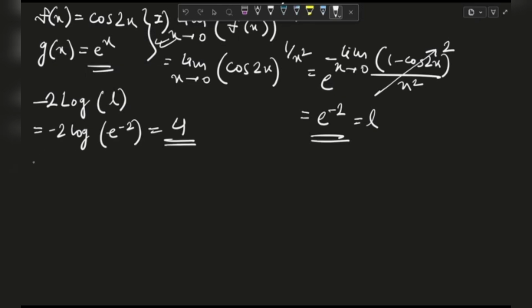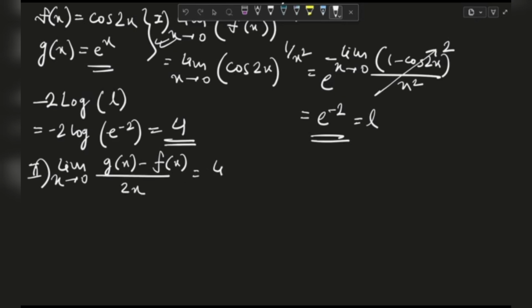In our option number 2, we had limit x tends to 0 of g of x minus f of x divided by 2x. So this becomes limit x tends to 0 of e power x minus cosine 2x divided by 2x.